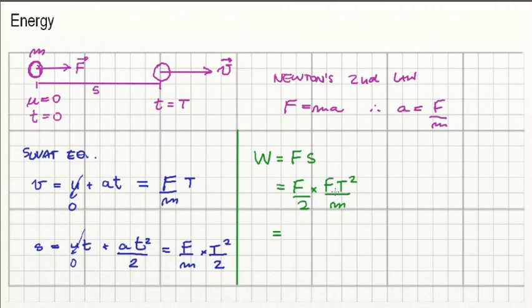Now notice that I will have some things here squared. So I have F squared, T squared, and I would not have m squared. And I would have a factor of 2 multiplying. So let's put this half up front. Half, then F squared T squared over m. Let's say that I want to get all of those to be squared. I will then have to multiply by m below and m on top.